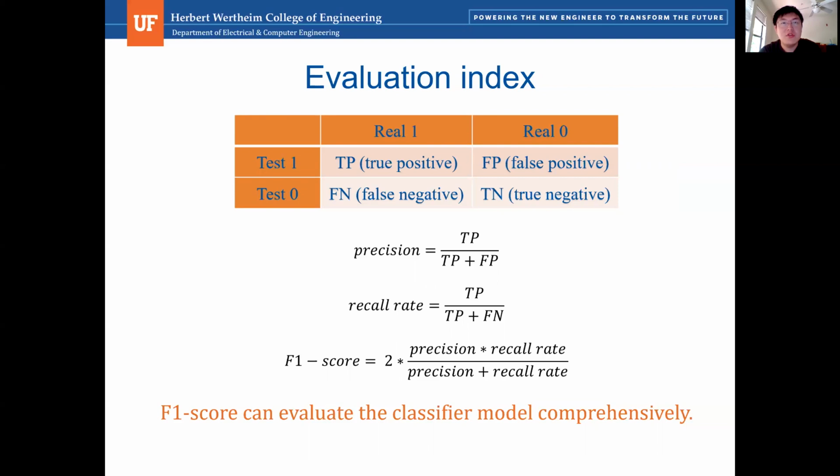They are precision, recall rate, and F1 score. Here I give the definitions of these indexes. In this table, the situations starting with true mean the right classifying result, while those starting with false are a wrong result.